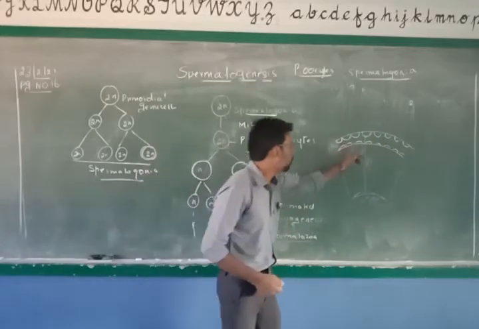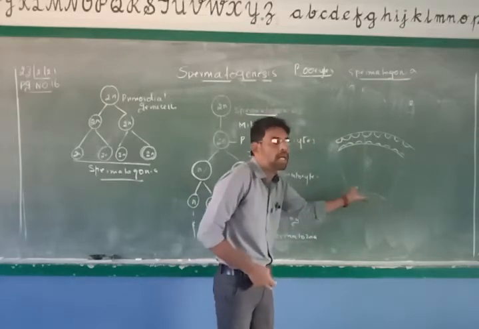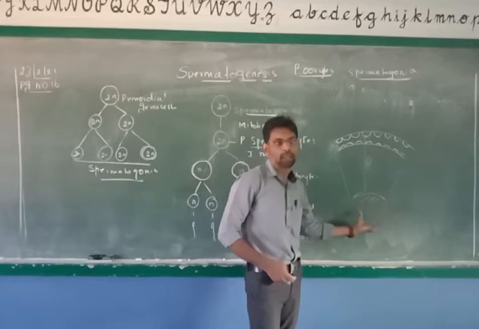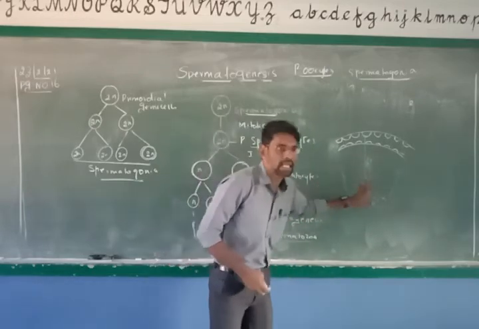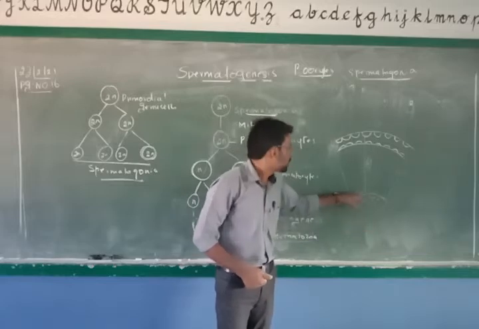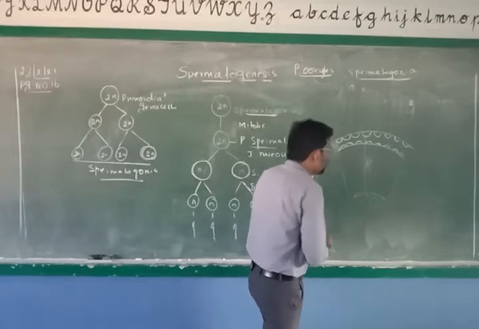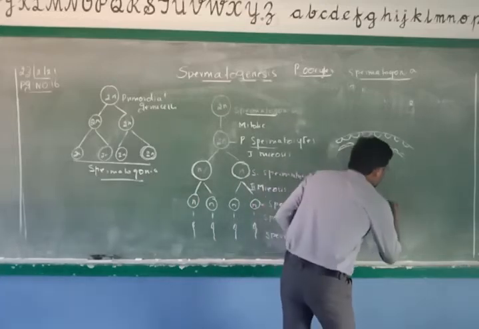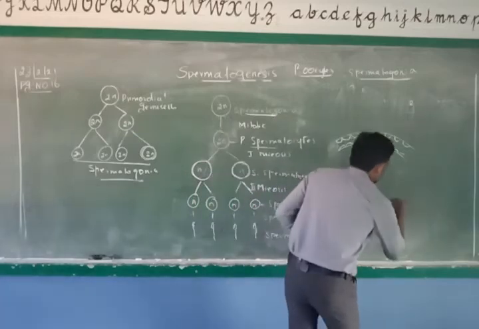Understand? Everywhere you will find different stages. So ultimately when the sperm cells are matured and liberated into the central part of the seminiferous tubule, they leave the Sertoli cells and come out. That is called spermiation. Here we find an important word in the book, spermiation.